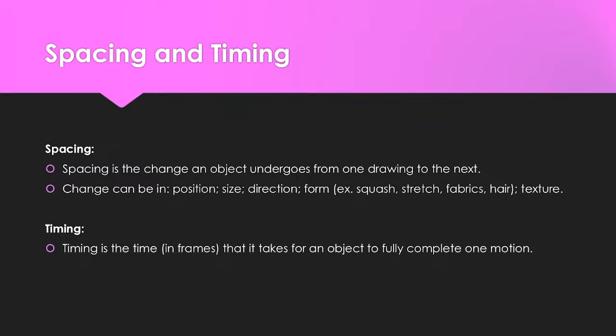You can have an object turning, in the form that the object takes, through squash and stretch, through how fabrics or hair or water literally change their shape, and through texture as well. Although texture is very often not used because it is very difficult to work with.